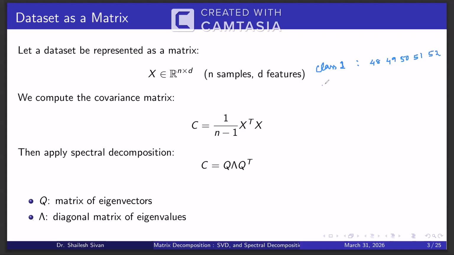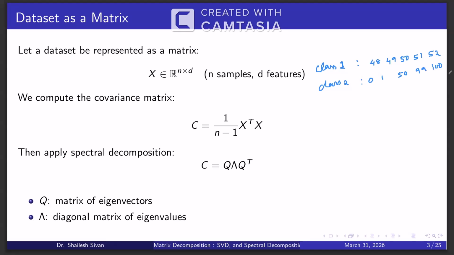Okay. And in class 2, the marks are 0, 1, 50, 99, 100. So from the observations itself, we can see that the behavior of the two classes, C1 and C2, is entirely different, right? Is it clear?